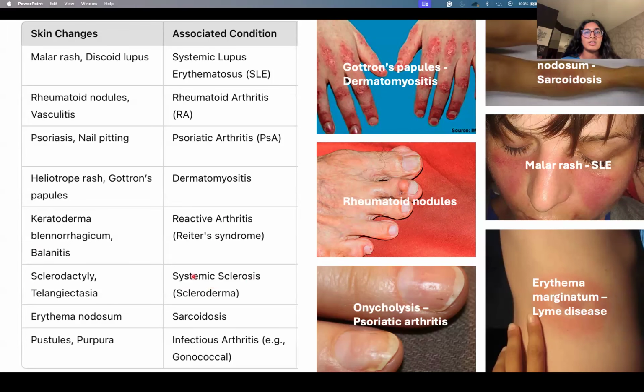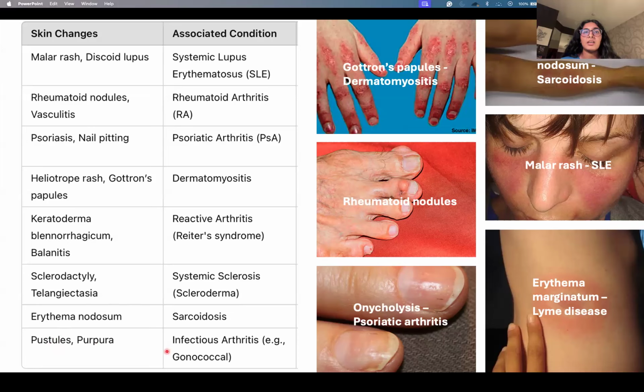For systemic sclerosis, like someone said, I think CREST syndrome, so all of the manifestations of that there. Sarcoid is this round, usually on the shins, is erythema nodosum, would be sarcoid, or the various other things we've talked about.